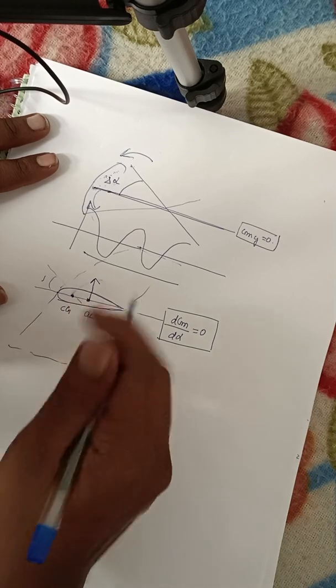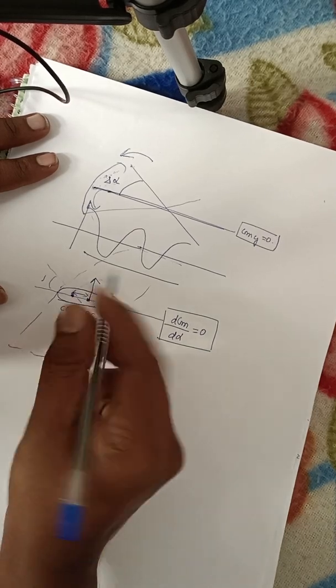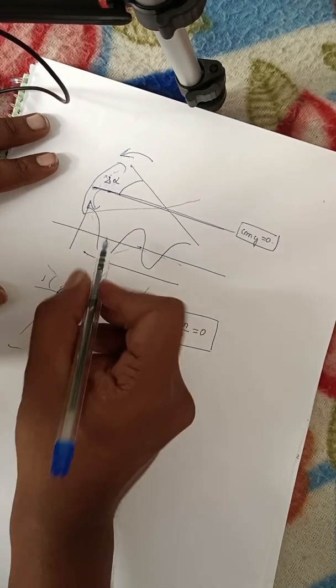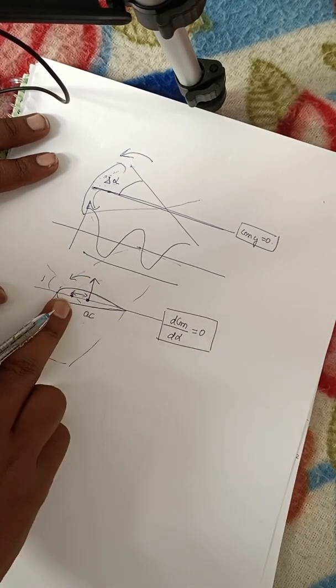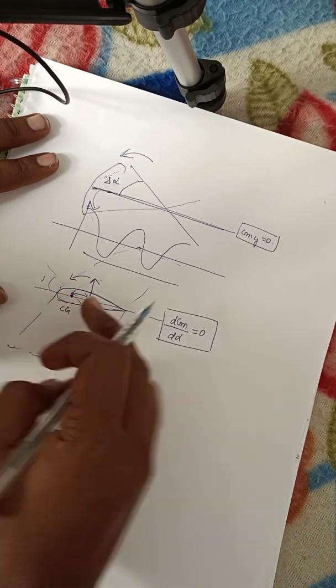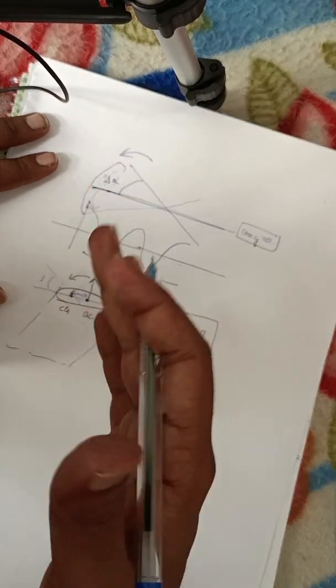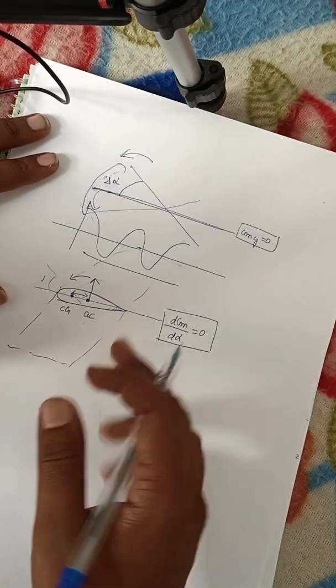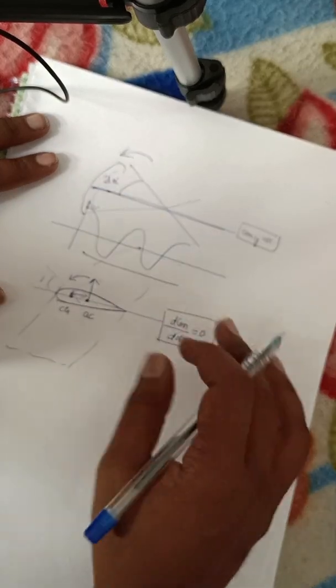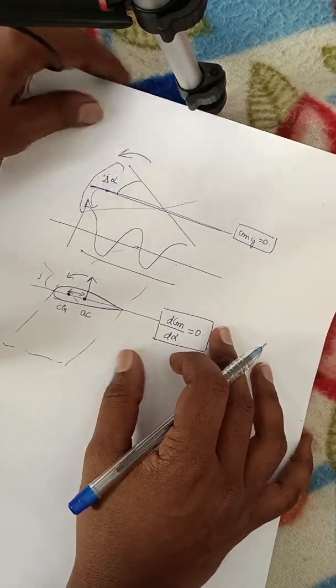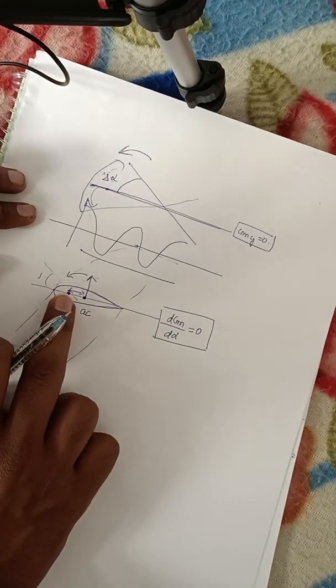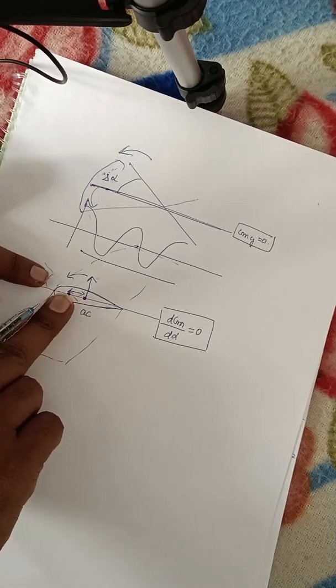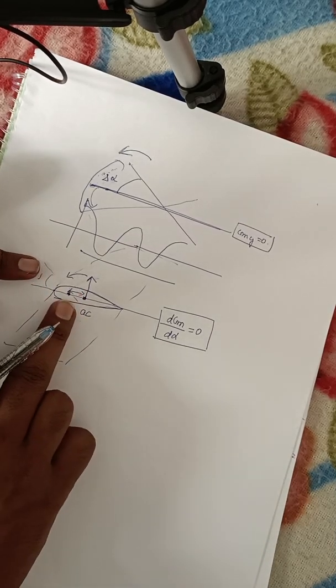As lift increases, what is the moment generated here? Of course, this is the CG point. We are always taking the moment about the CG point, because any body in space tries to rotate or move about the CG point, the center of gravity. So this is the CG. I am assuming that all weight is concentrated here.